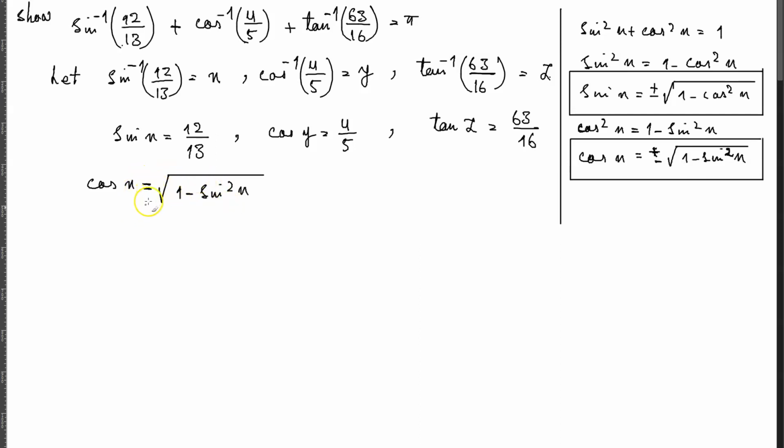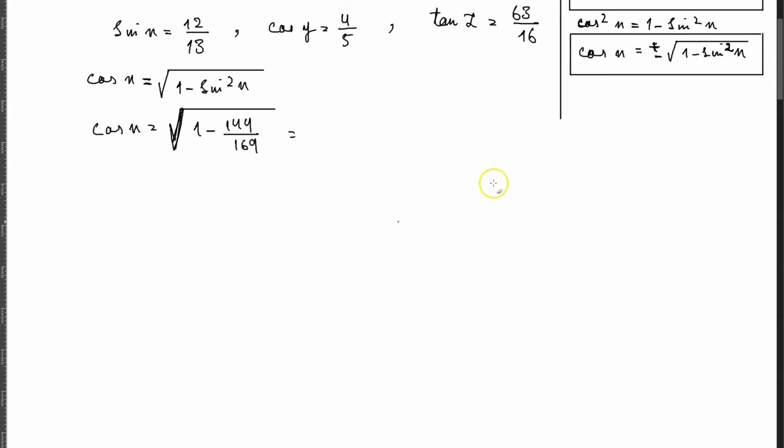So cos x is equal to the square root of 1 minus sine squared x, which would be 1 minus 144 over 169, and let's just calculate this here.